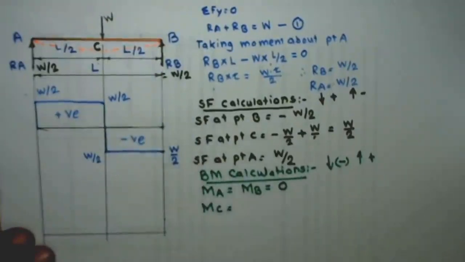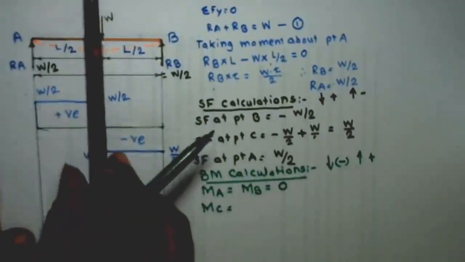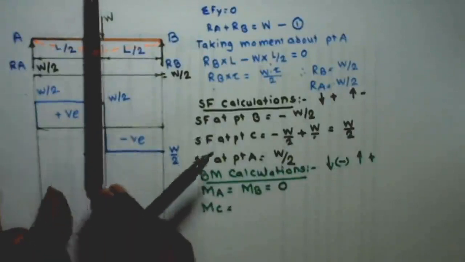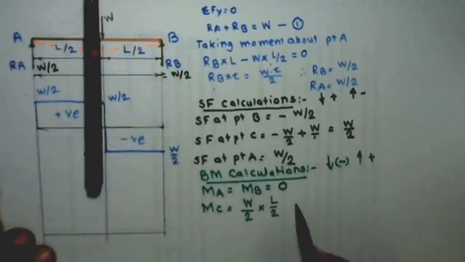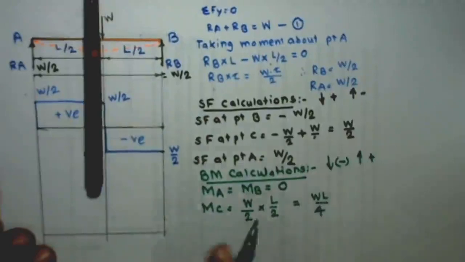Now we have to take the section at point C. At the right hand side only the Rb force is acting. So the bending moment at point C is equal to W by 2 force acting, and its distance up to point C is L by 2. It is acting in the upward side, so the sign convention is positive. So the bending moment is equal to WL by 4.